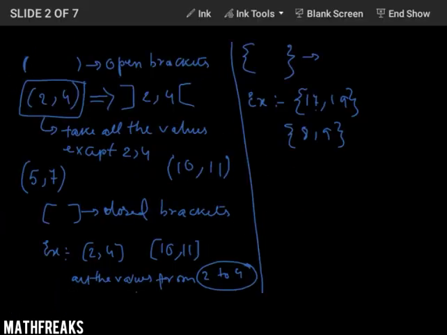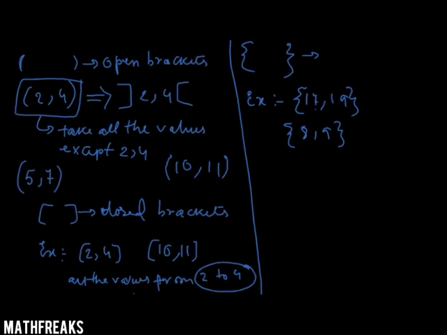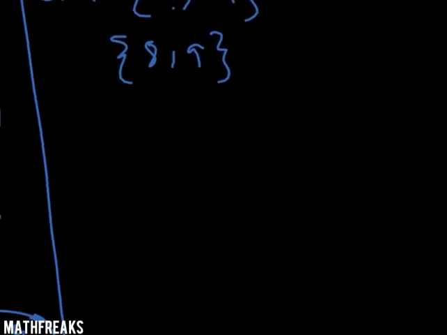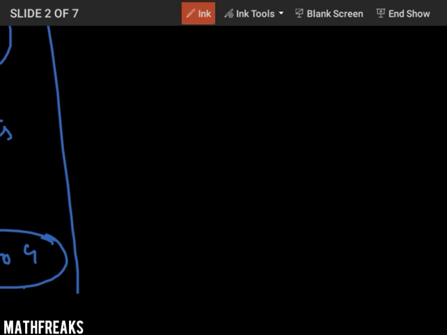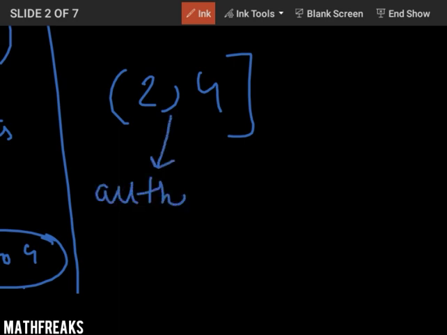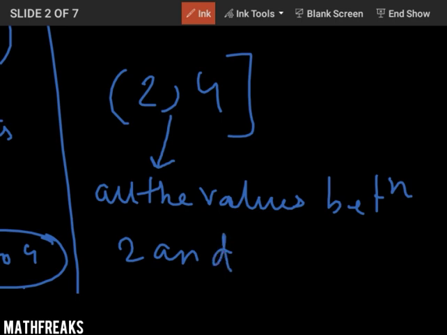Now if someone asks you what we mean by this one, can you explain this to me? This is very simple. This means all the values between 2 and 4 including 4.